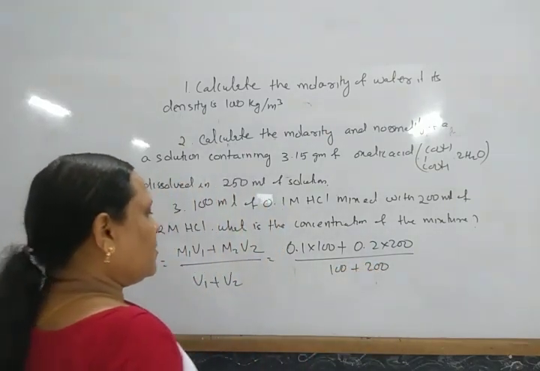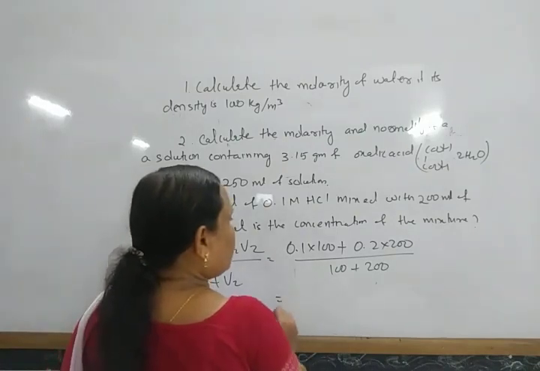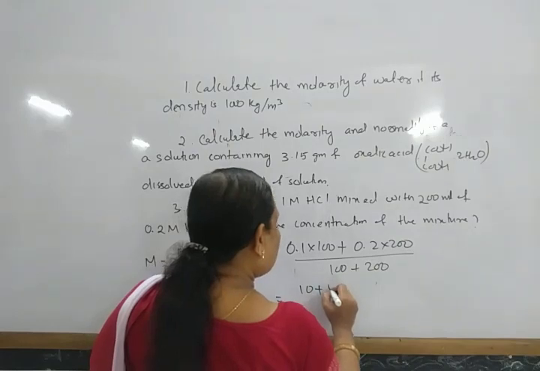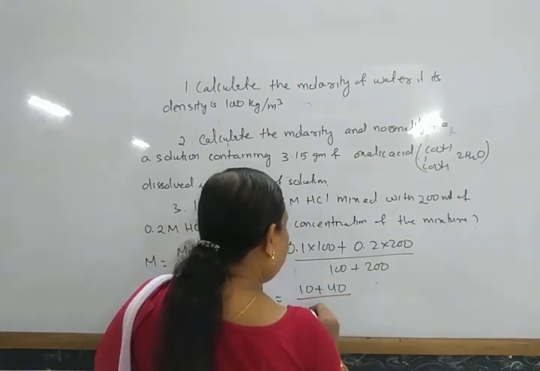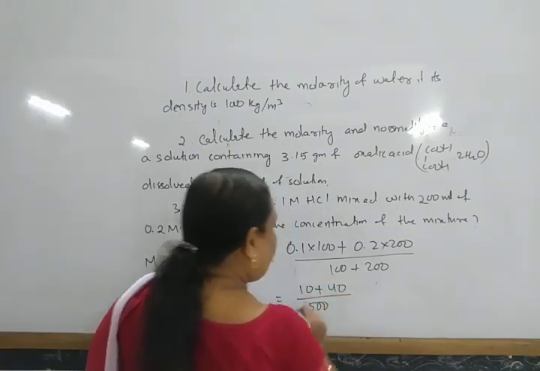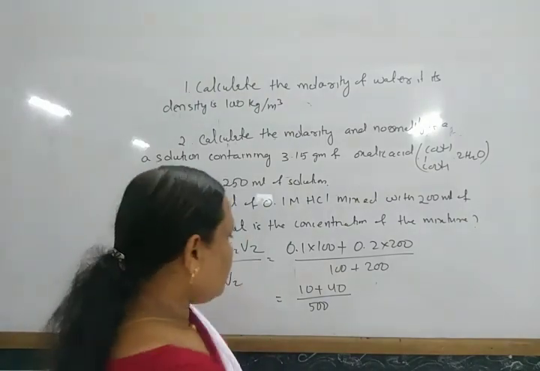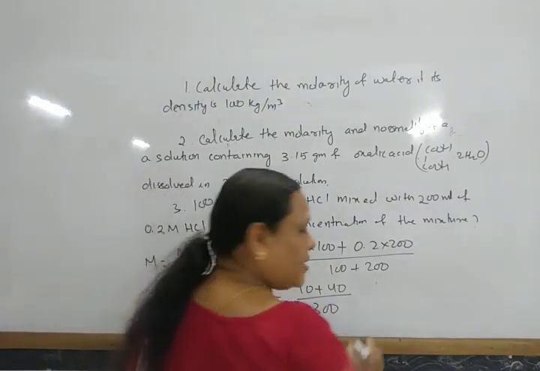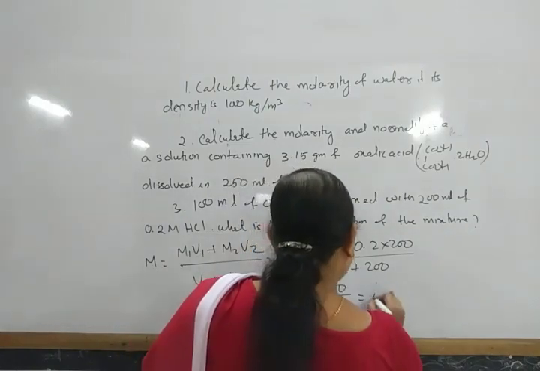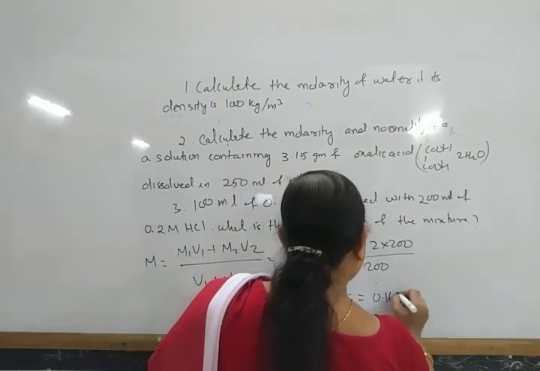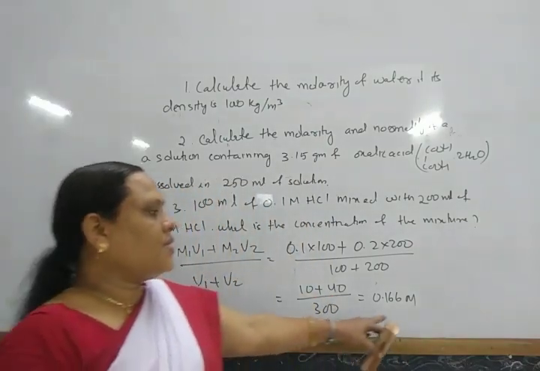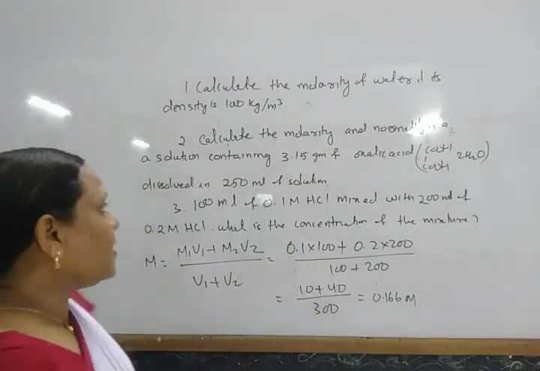That is 10 plus 40 by 300, equal to 50 by 300, that is 0.166 M.